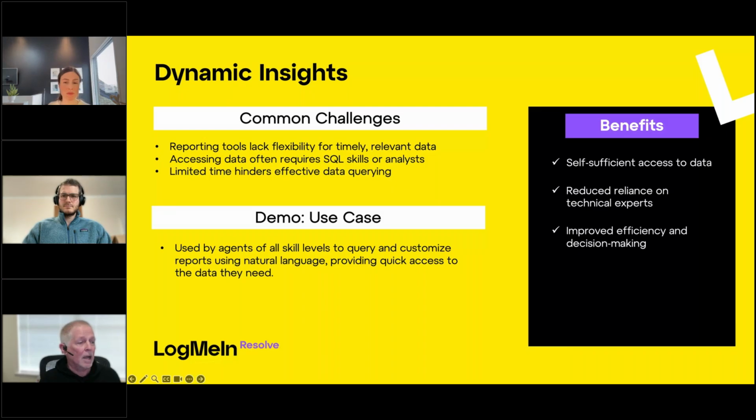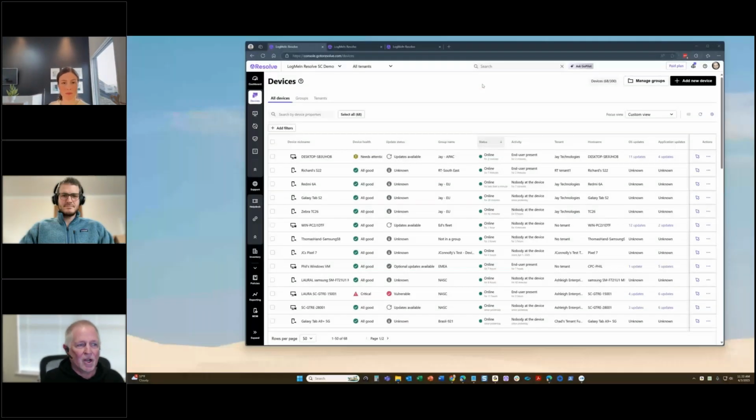So I'm going to show you what we are doing in Resolve to give you that information in a very natural way, and that's dynamic insight. So let me show you how that works. All right. First off, I am in my Resolve account.